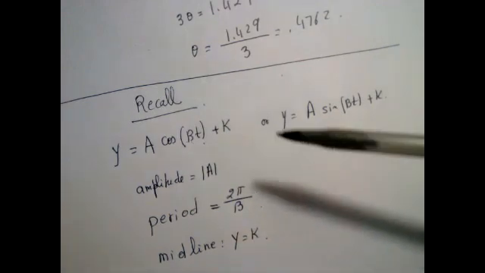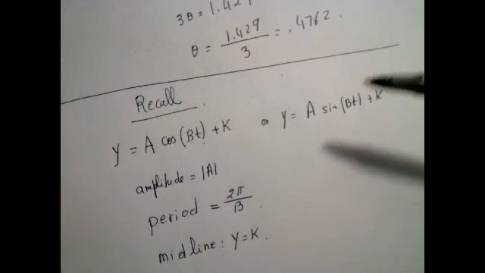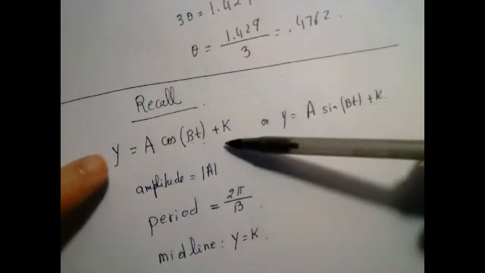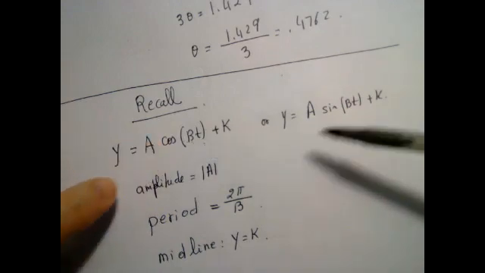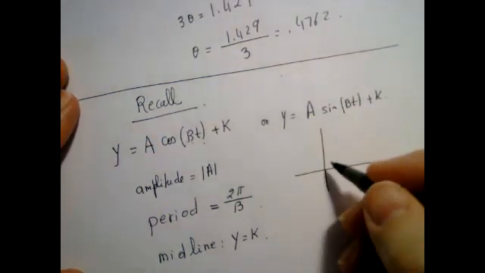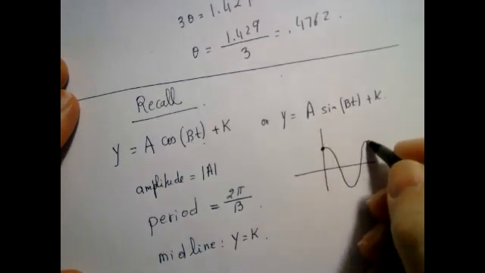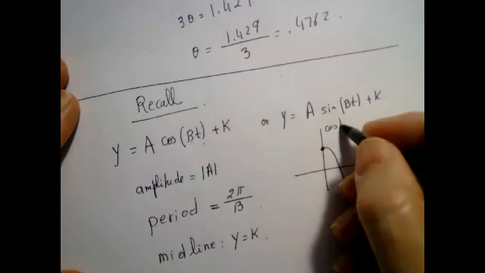Okay, so functions of this form that we've seen at the beginning of the semester, and you guys knew them, look like cosine or sine. Let us remember the graph of cosine starts at the max, goes down, up. That's the cosine.